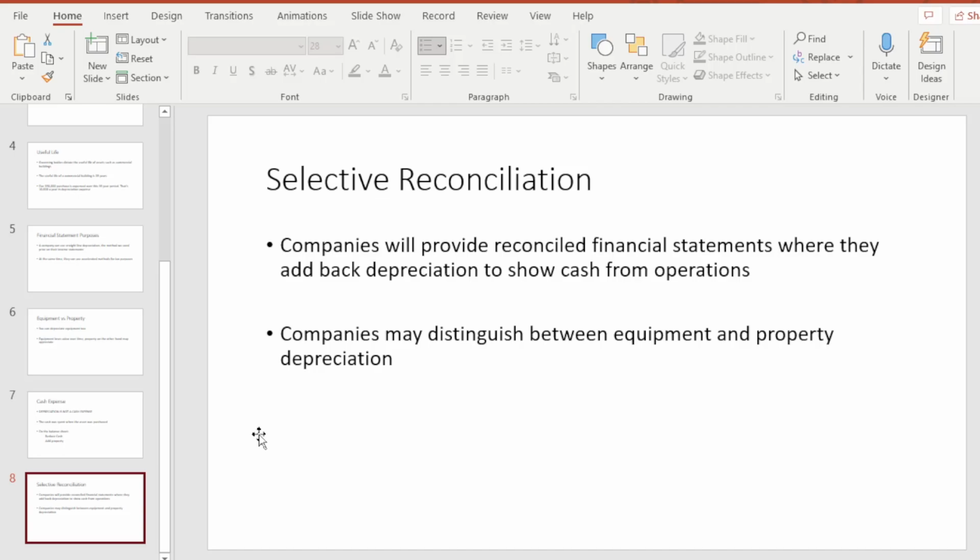And it's very likely that that happens. So here, companies may opt to add back in the property depreciation, but they may not add back in the equipment depreciation because, like I said, equipment actually loses value over time.